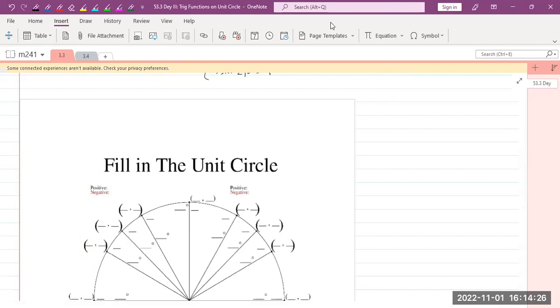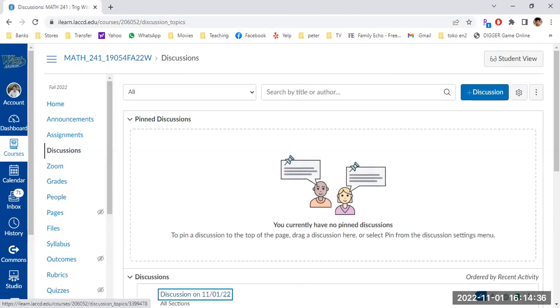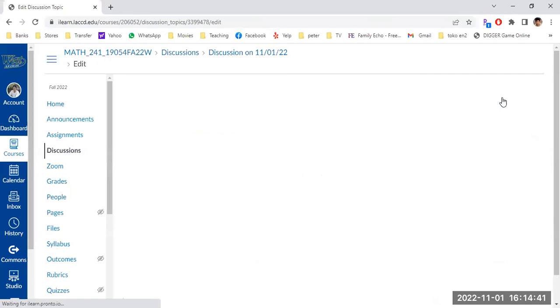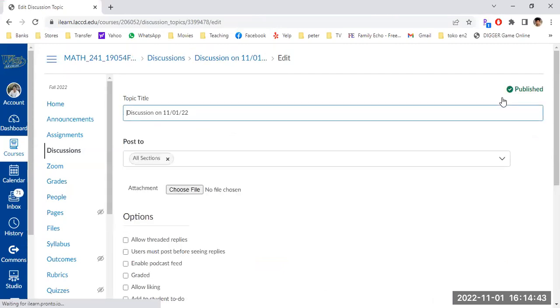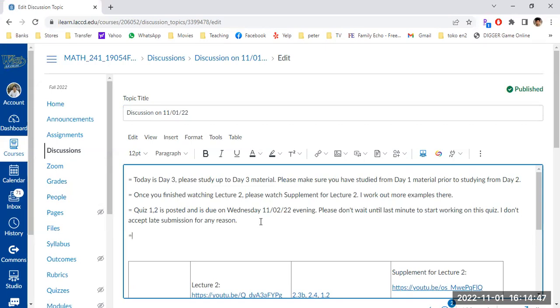Let me show you where it is. Here is our discussion board. On our discussion board, I put it, let's say, I put it under circle.